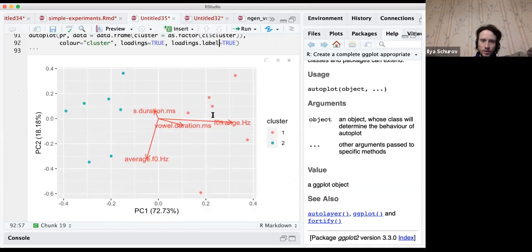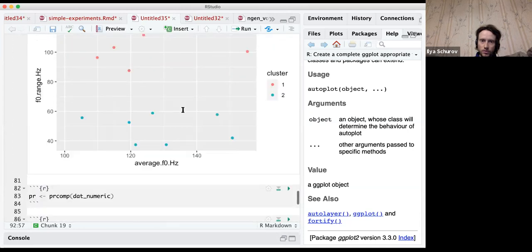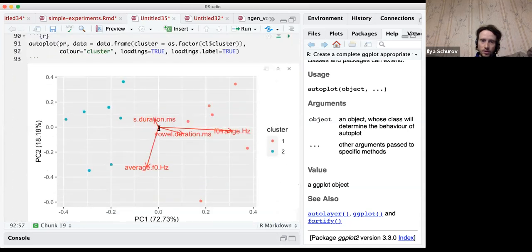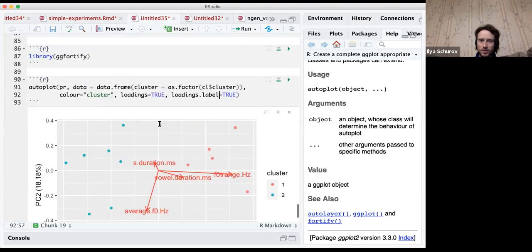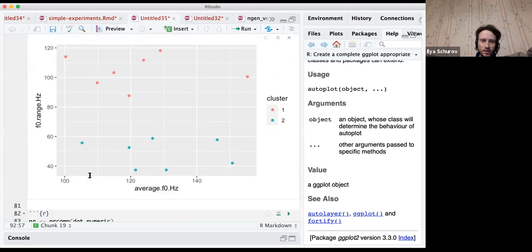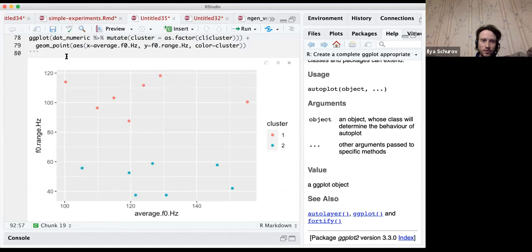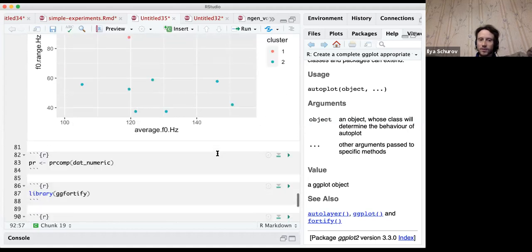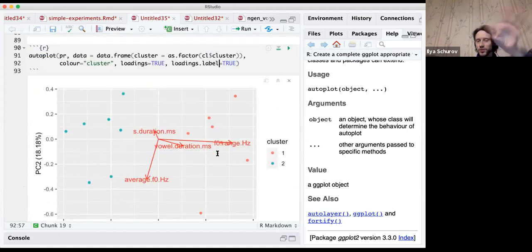So basically, we can say that this picture is a rotated version of this picture, because you see that here our coordinate F naught range is more or less horizontal, and this is more or less vertical. So you see here that this is vice versa. Here F naught range is vertical. So this is basically the same picture, but rotated.